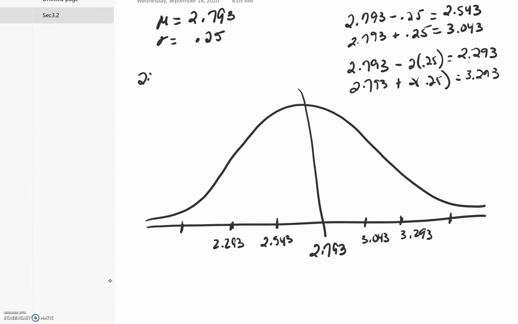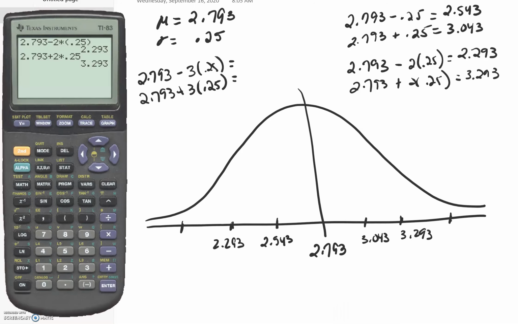It's going to be 2.793 minus 3 times the standard deviation and 2.793 plus 3 times the standard deviation. So 2.793 minus 3 times 0.25, 2.043.